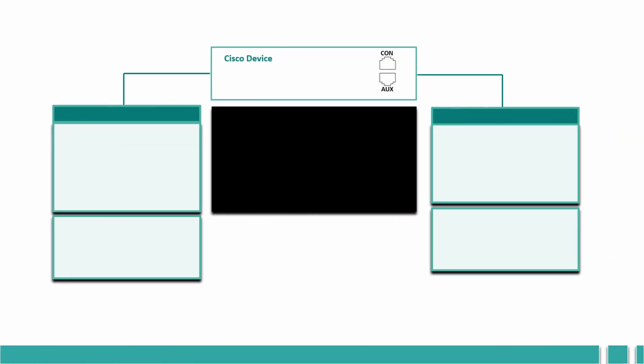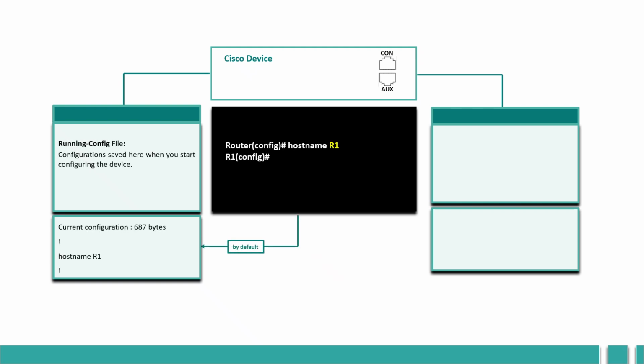Any configuration that you make to your Cisco device, such as a router or a switch, by default will be copied into the running-config file. Running-config file is located in RAM of your device. If you reboot your device, you lose all the configurations that you've made.